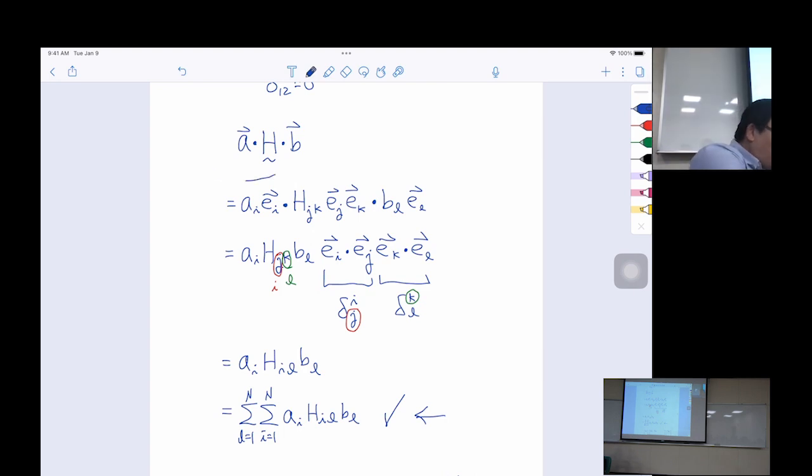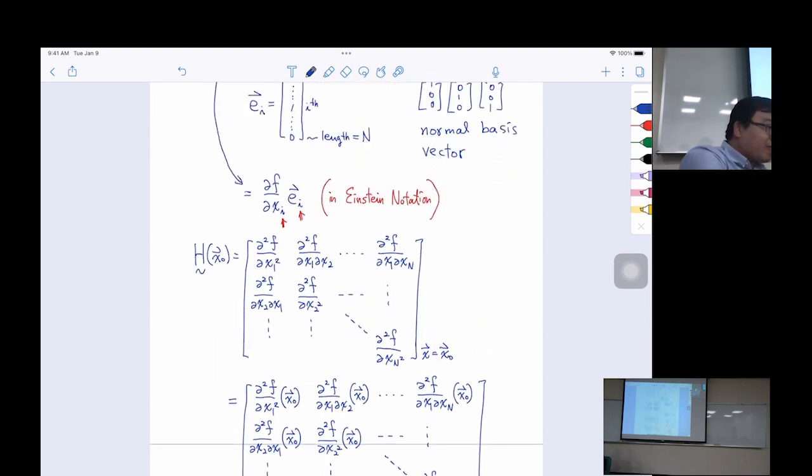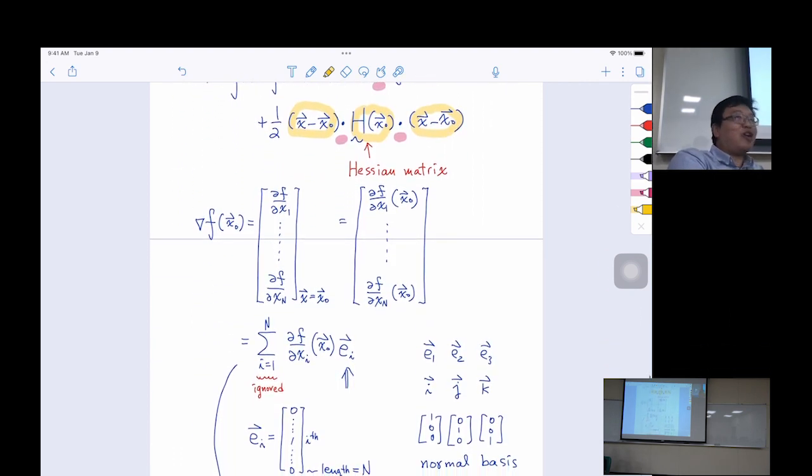And why do we talk about A dot H dot B? Because we have a vector right here, a matrix right here, and a vector right here. And when we try to derive equations with vectors and matrices with dot products, sometimes Einstein notation will help you.